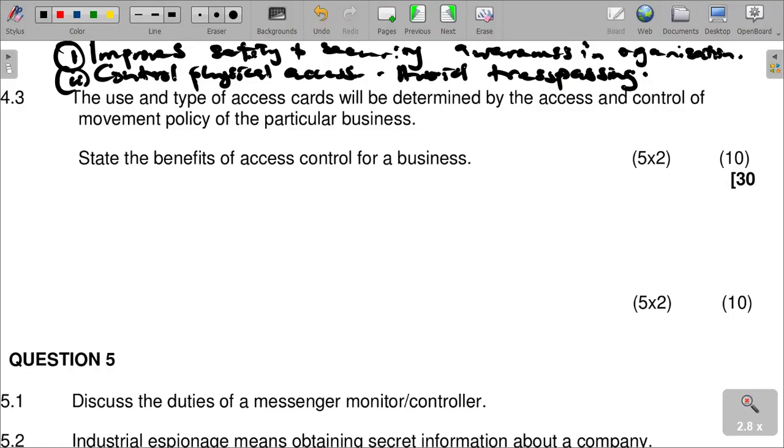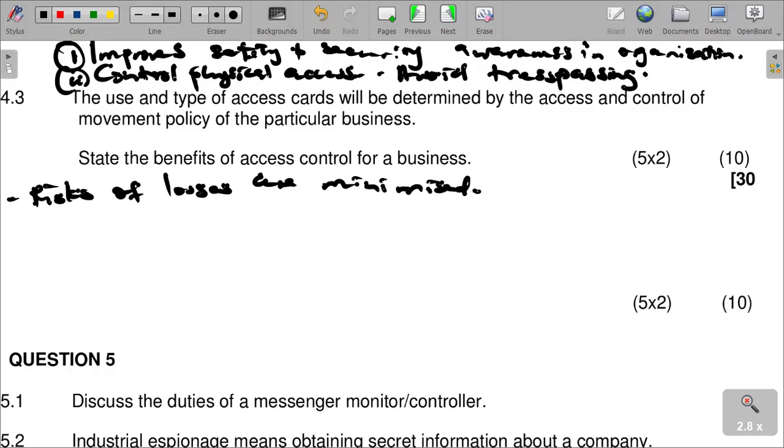And then when we talk about the benefits of access control in an organization, it can also minimize exposure to risks and losses. Risks of losses are minimized within an organization because not everyone can get inside or pass through places.